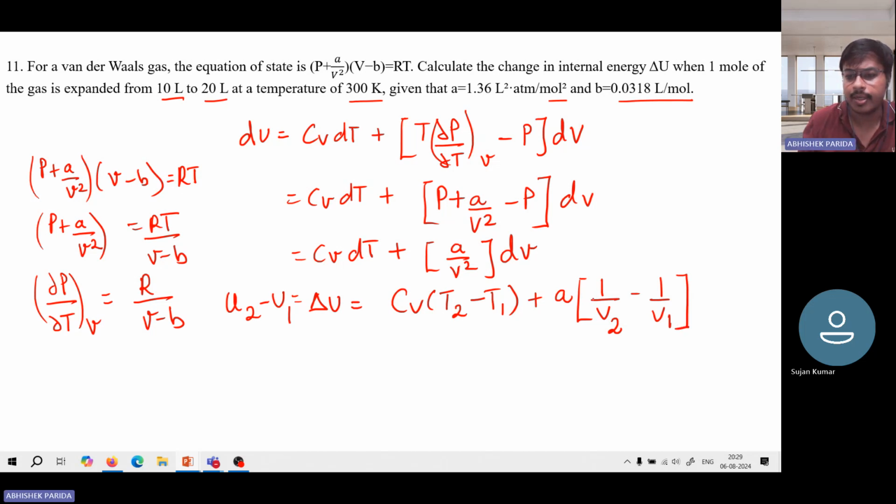I think there will be a minus sign here. Minus, this will be plus. That is what you will be getting, 1.005 into T2 minus T1. Oh, temperature change is also not given.